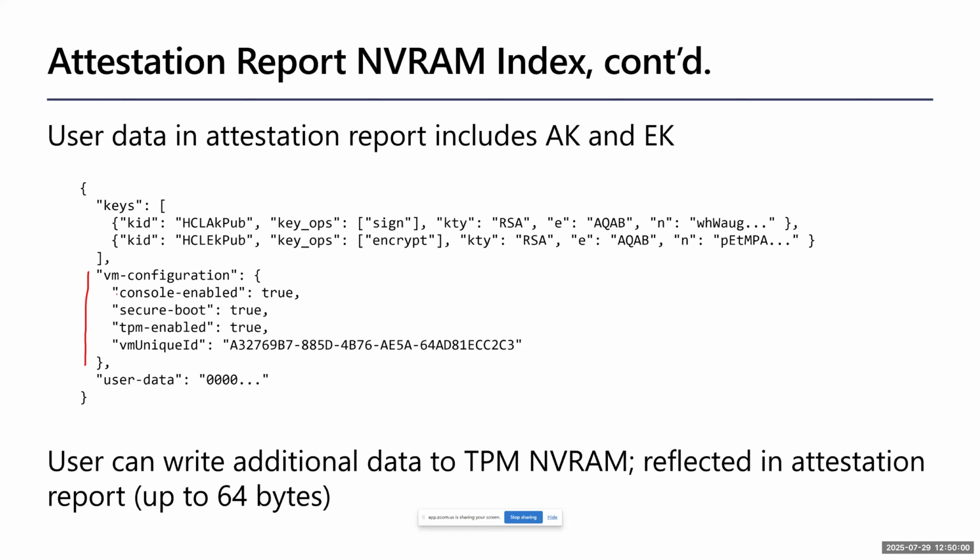So we have serial console, secure boot, VTPM support, and then this is the BIOS GUID of the VM, which is the same data you'd see if you look for the DMI BIOS UUID inside the VM. And finally, this is the field that Greg was mentioning. There's an additional user data field that we've provided. The way this works is software inside of the guest can write whatever data it wants to another NVRAM index in the virtual TPM, and then that gets reflected in this slot in the attestation report.